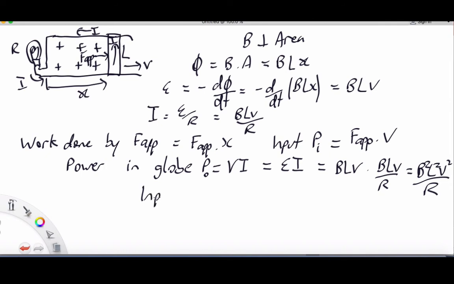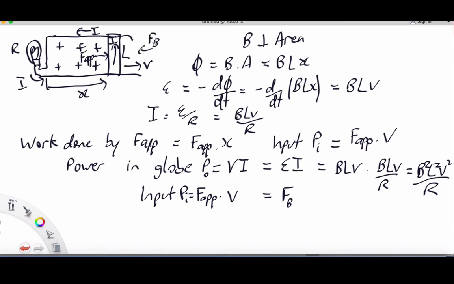But our input, remember the P input, is the applied force times v. We can say that the applied force is equal to the magnetic force, because that force is opposing.